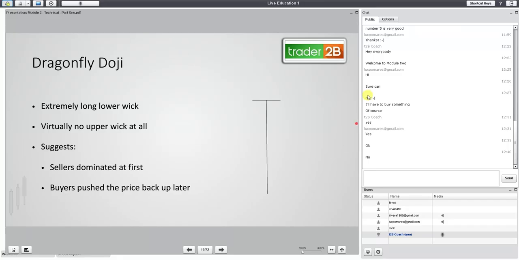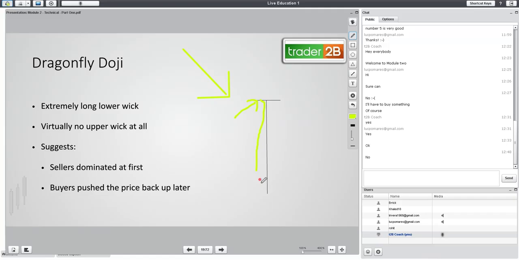So let's say, for example, sellers in the market try to sell this particular symbol down, right? What that basically means is that the market opened here in this particular area.